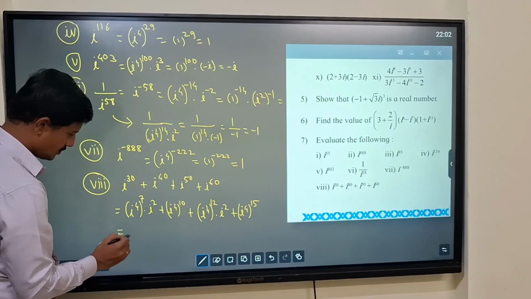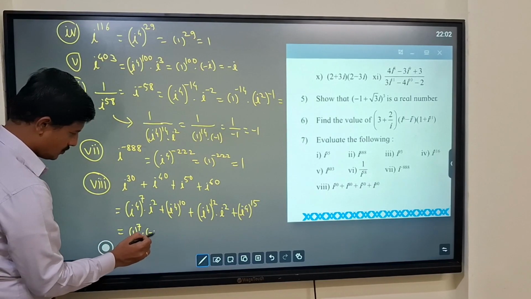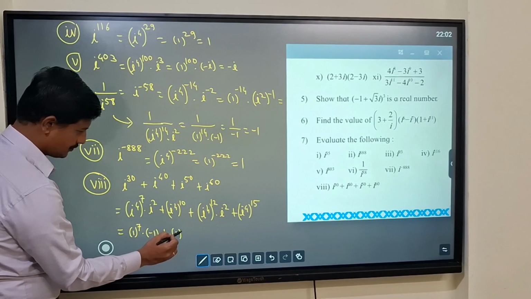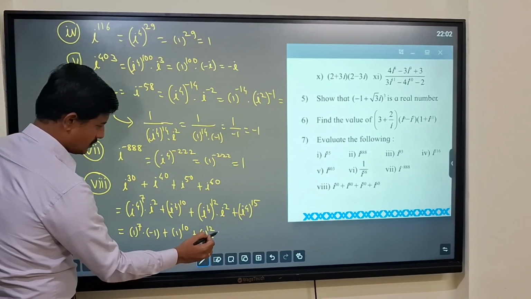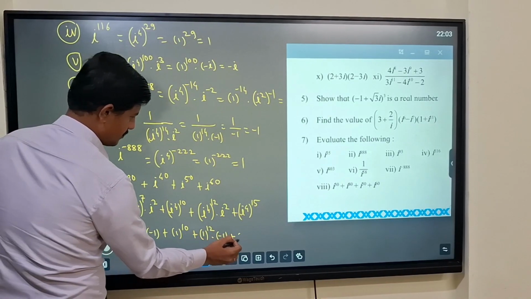So this becomes 1 raised to 7 into -1 plus 1 raised to 10 plus 1 raised to 12 into -1 plus 1 raised to 15.